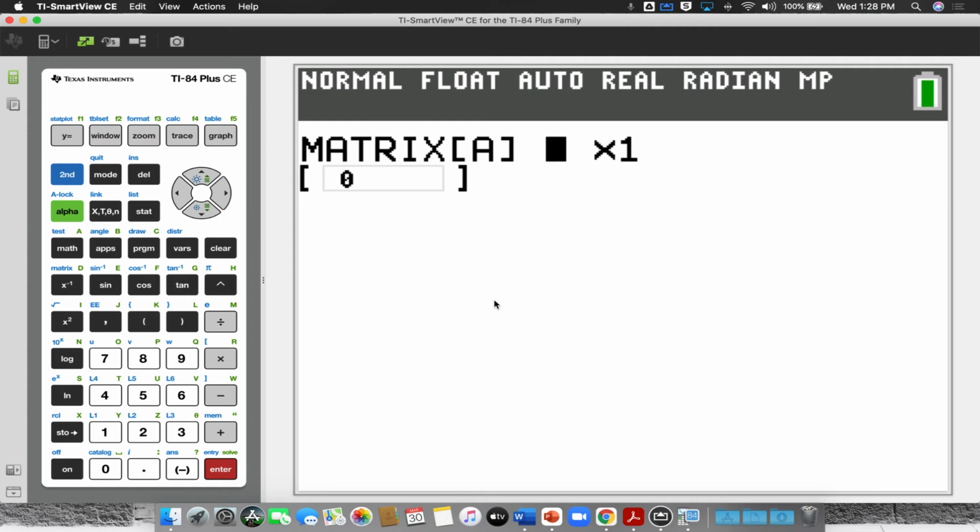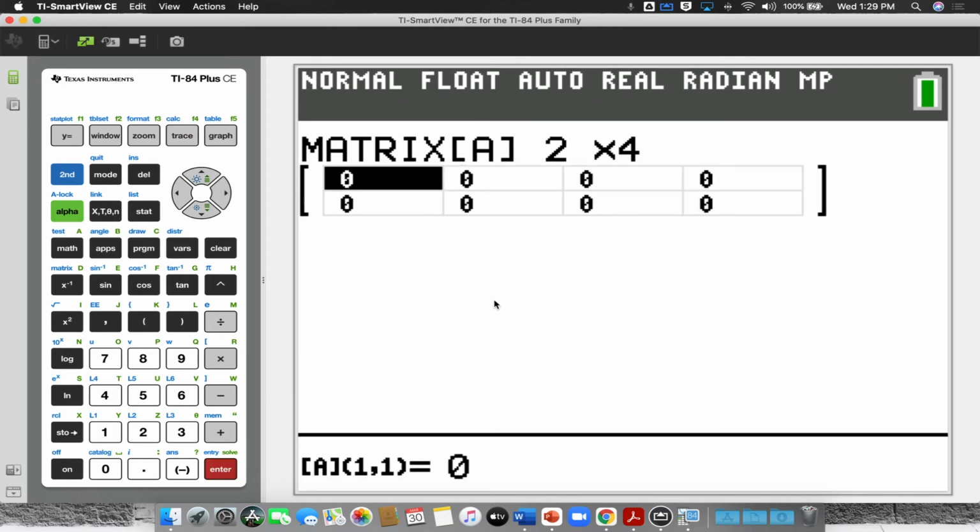So how many rows do we have? 2 rows. Okay. How many columns do we have? 4 columns, for a total of 8 cells, right? And then we hit enter. Then it gives us a 2x4, right? So now we're going to put the numbers in the order the way they appear on the table.